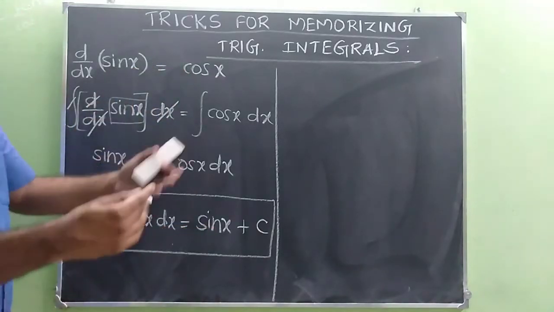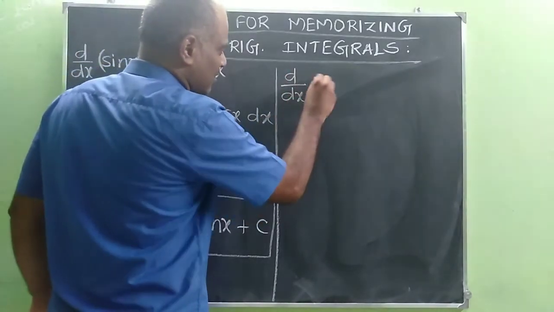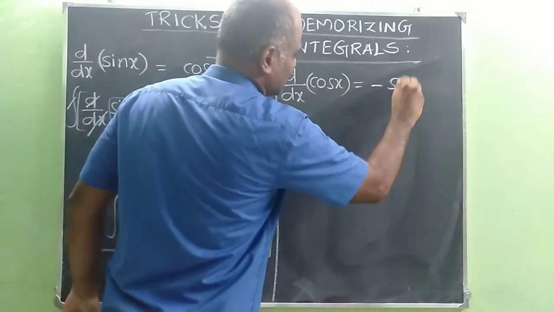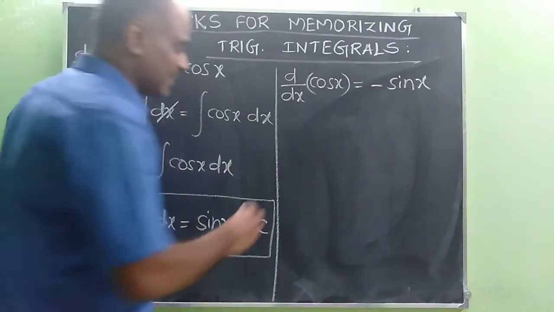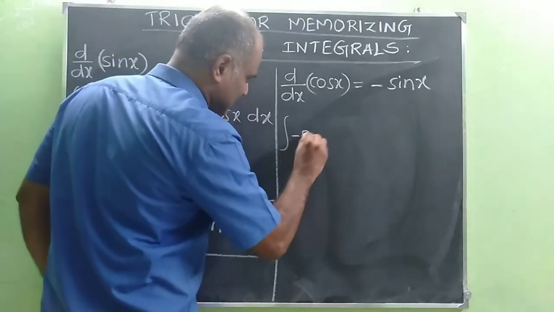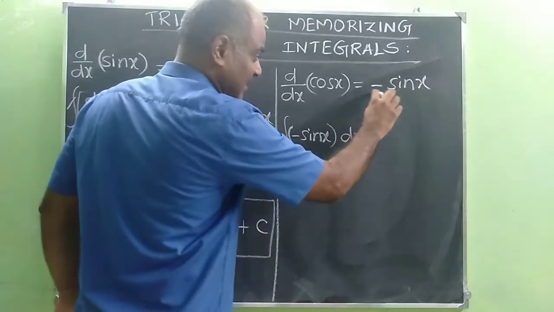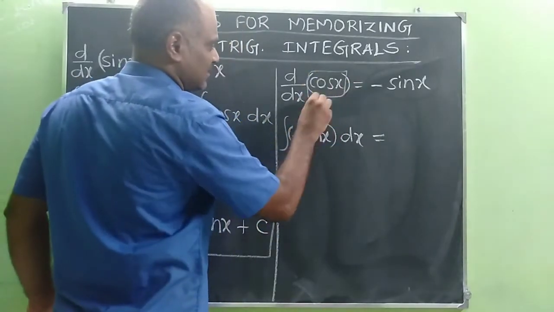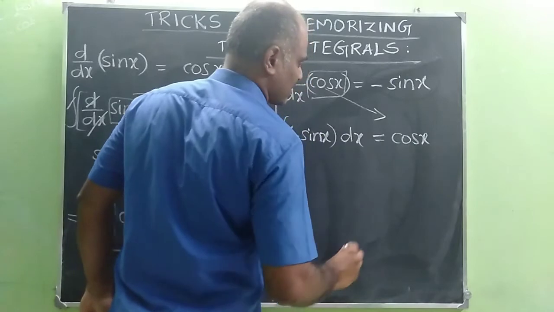In a similar manner we get the next formula. Differentiation of cos x equals minus sin x. Next, integration of minus sin x dx equals cos x.